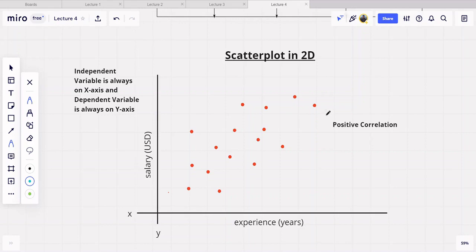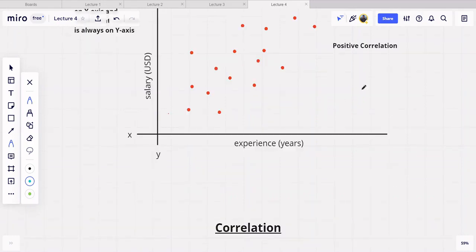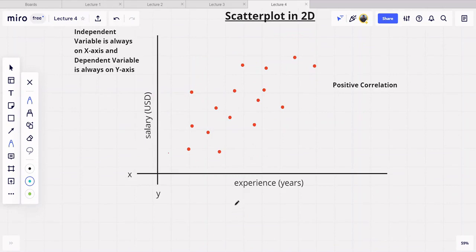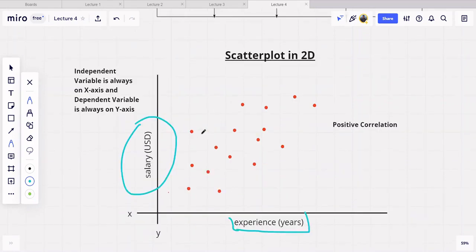For example, the experience variable here is our independent variable, that's why it's on the x-axis, whereas the dependent variable, the variable that we are trying to predict, is on the y-axis. So whenever you're drawing a scatter plot for a regression problem, make sure that you follow this.